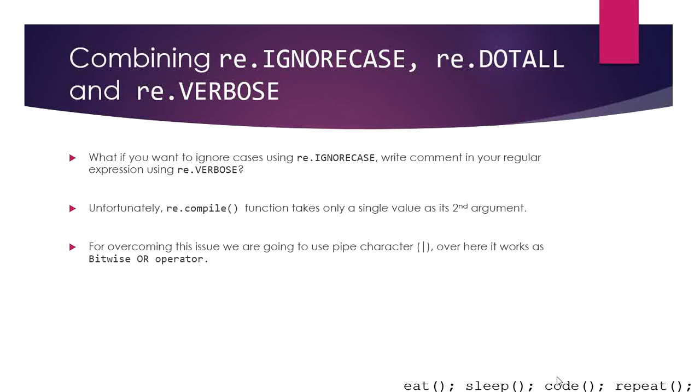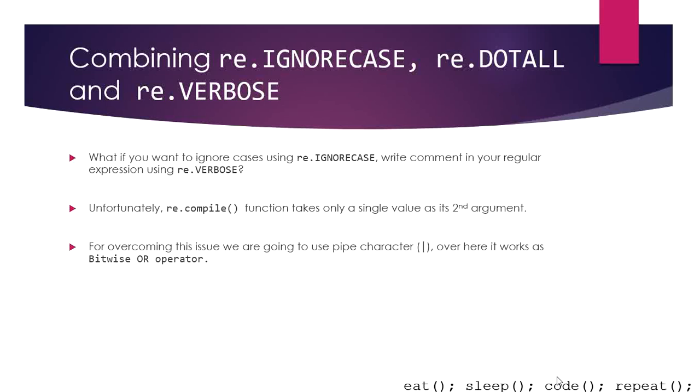To overcome this issue, we are going to use the pipe character. You might remember the pipe character from the previous video, check that out in the I button. But here the pipe character is not the same as in the previous regular expression videos; here it is a bitwise OR operator.